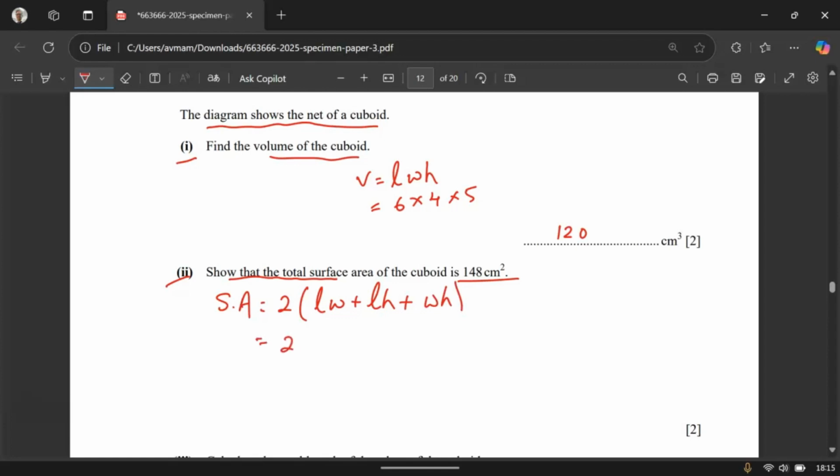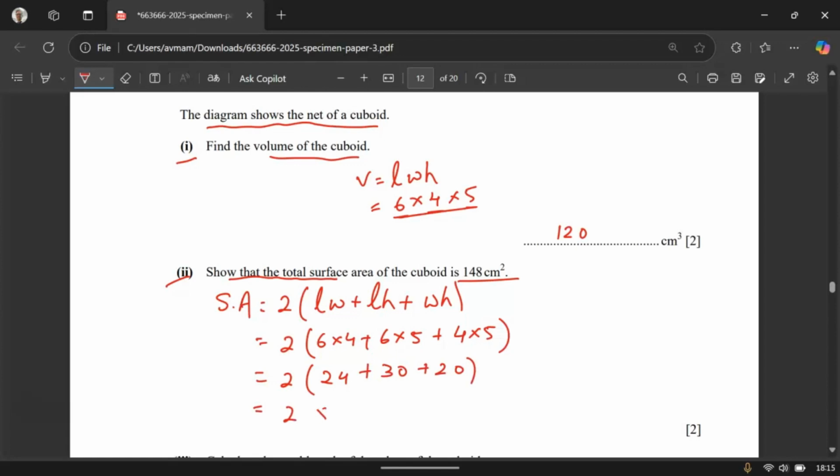So let us multiply 2 times. We know the dimensions are 6, 4 and 5. You need to combine these three numbers over here. So I can write 6 times 4 plus 6 times 5 plus 4 times 5. Let's tidy up this a bit. 24 plus 30 plus 20.